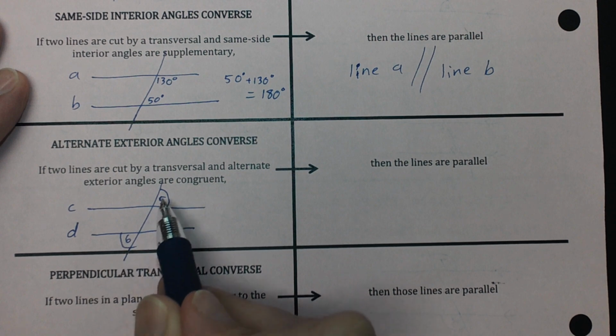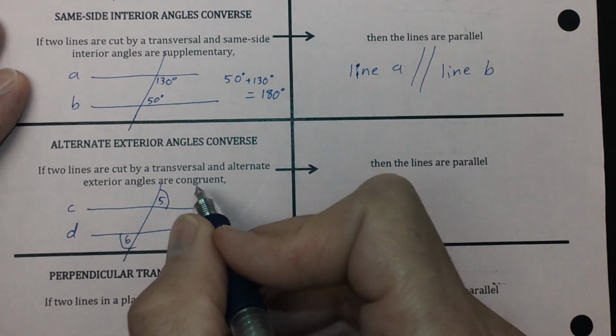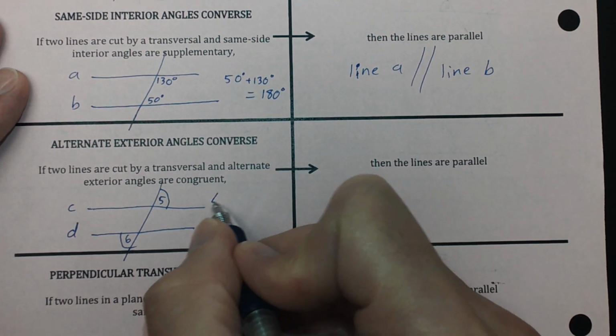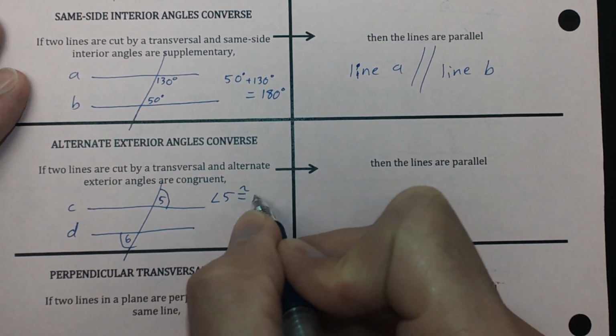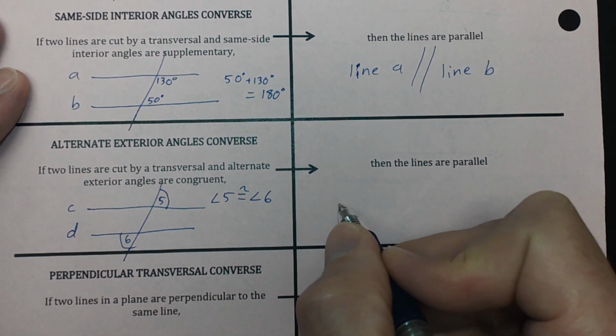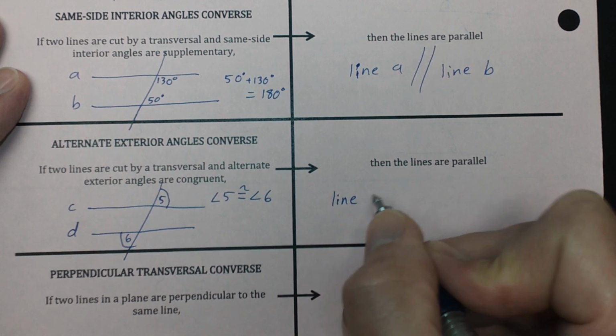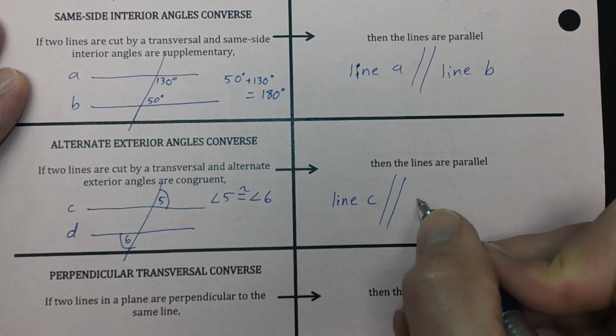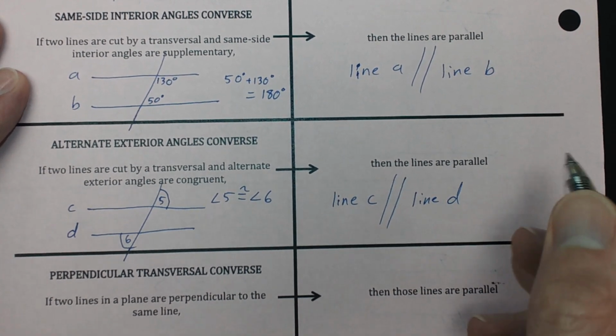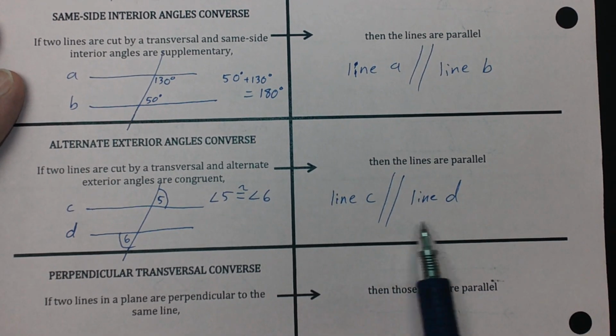So these are my alternate exterior angles. I know angle 5 is congruent to angle 6. Then that's only possible if these two lines, C and D, are parallel to each other. So line C is parallel to line D.